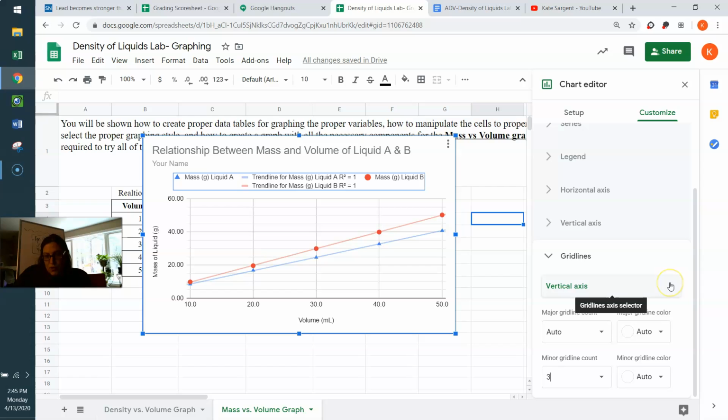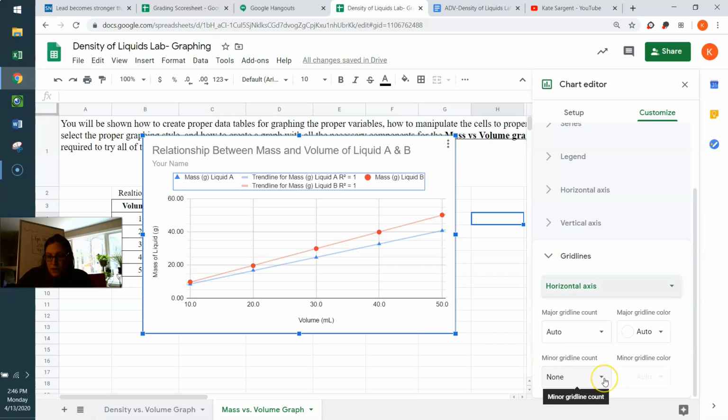Then I want to make sure, since those are my vertical grid lines, I'm also looking at my horizontal grid lines. Here I'm going from 10 to 20. I want to add enough minor grid lines that it gives me more detail, but without being too busy, taking away from the visual appeal.